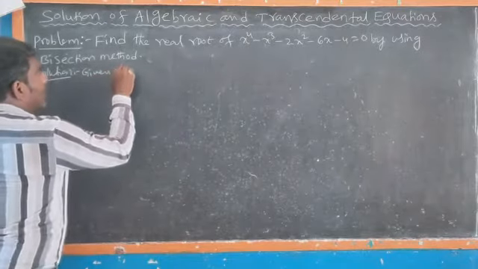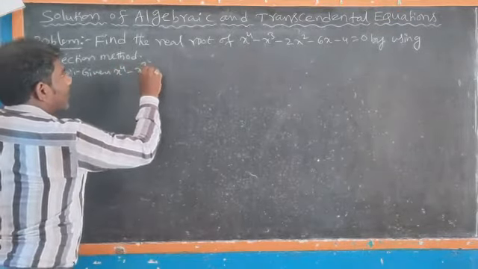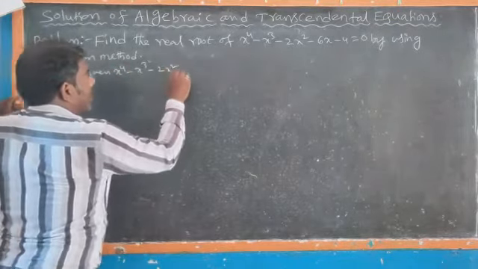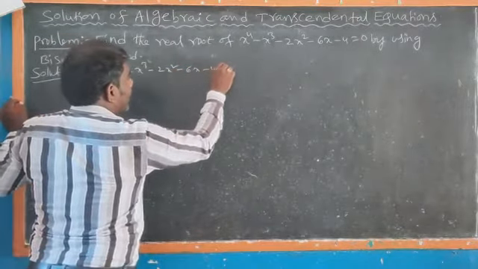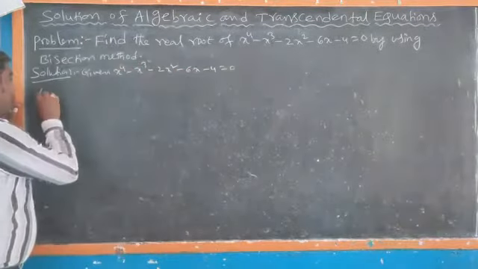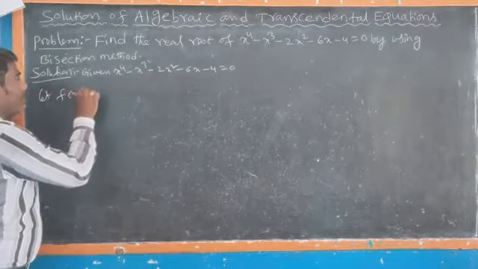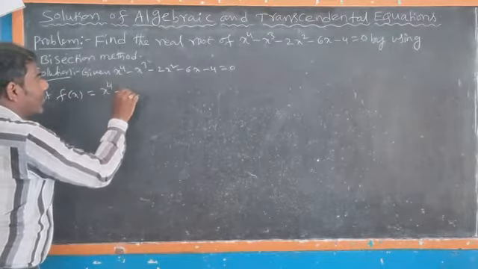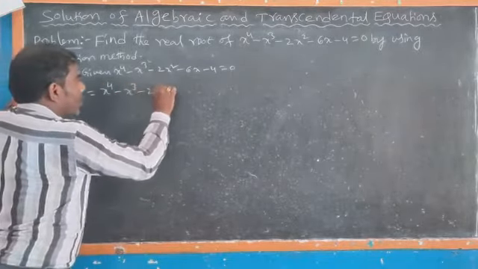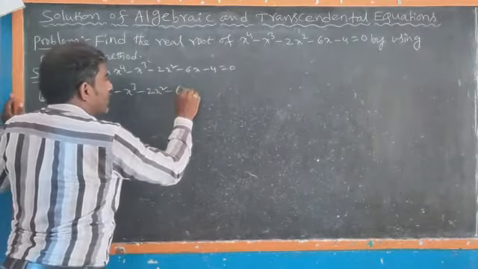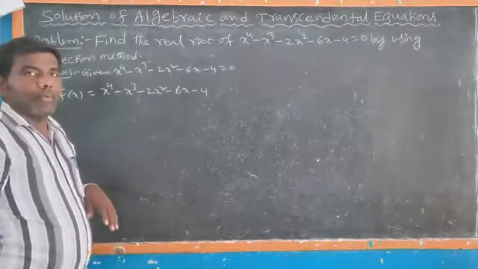Given x power of 4 minus x cube minus 2x square minus 6x minus 4 equal to 0. Let f of x equal to x power of 4 minus x cube minus 2x square minus 6x minus 4.